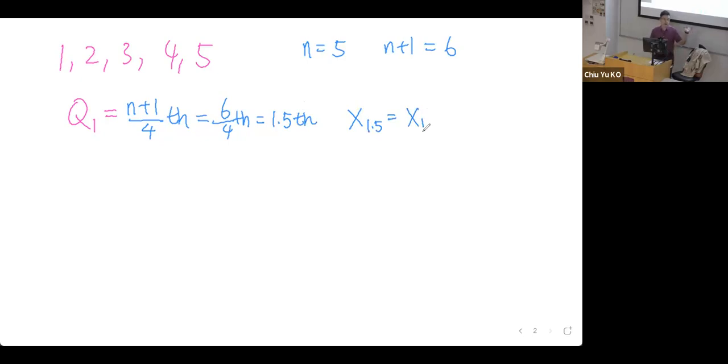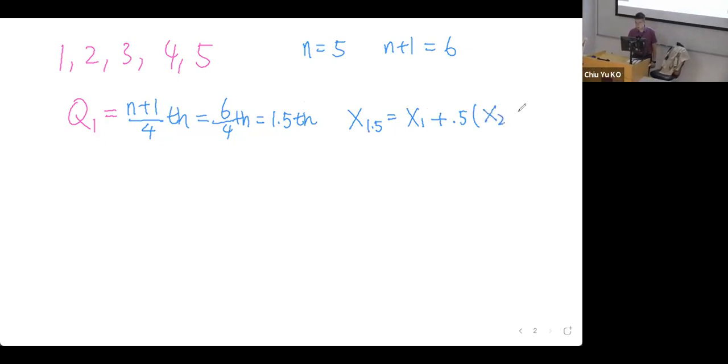According to the formula, you get 1, and then the decimal part, 0.5. Just to repeat the intuition here: what is x at 1.5? You start from 1 and go halfway between 1 and 2. The 0.5 means 1.5 should be midway between 1 and 2, which is starting from 1 and going half of the distance. Is that clear?